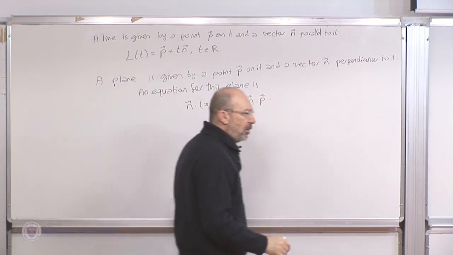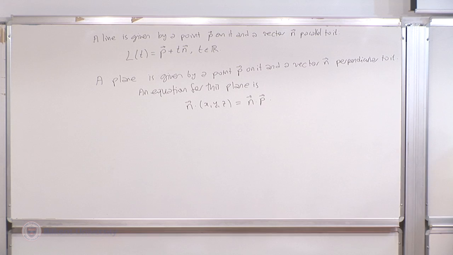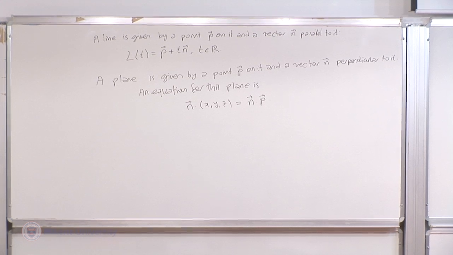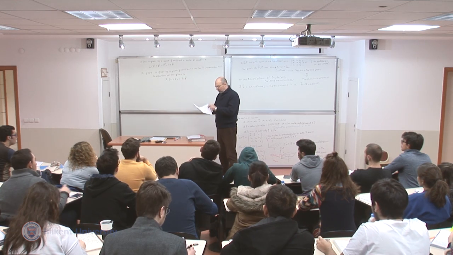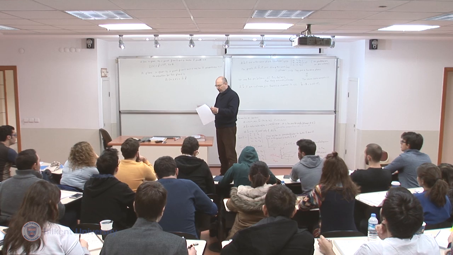So the dot product of every point in the plane with the normal is the same. That's how we express this. I think these are the things that I wanted to review. Okay, so that's all.